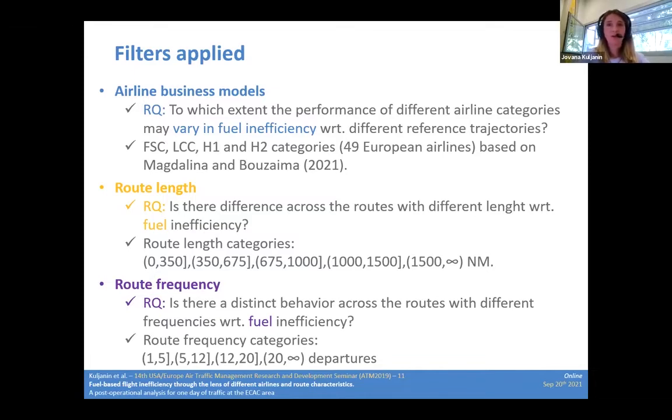For example, in the European Union in 2020, we had around 160 airport pairs which had around 12 or more departures per day, and could you imagine one delay on a very high frequency route can have tremendous implications for other rotations during the day, and that's why we were inspired to check if there is a distinct behavior in fuel efficiency across these different categories.